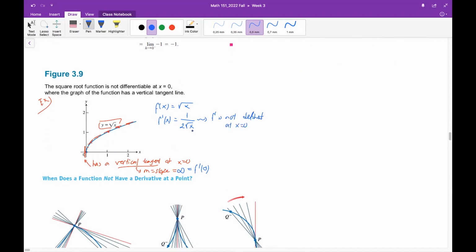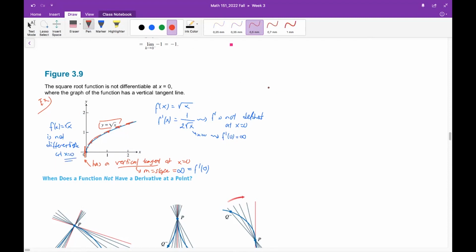If you try to insert x equals 0 here, you get an infinite value, right? F prime of 0 becomes undefined, infinite. This is the geometric explanation of it, and this is the algebraic explanation of it. That's why we will say that this function, the square root function, is not differentiable at the x equals 0 point, okay?